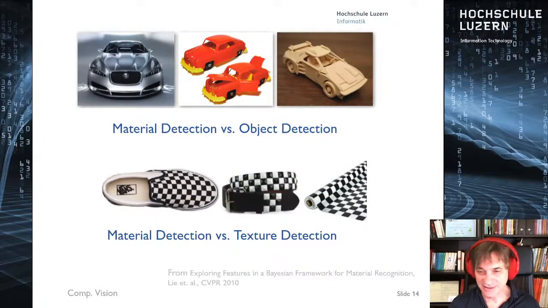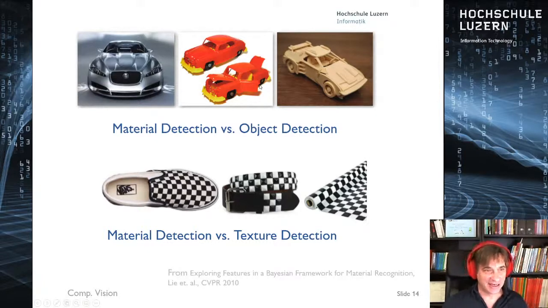So as you can see, sometimes in these semantic segmentation approaches, we have to look at things a little bit differently than we would in object detection. For example, you see here we have 3 different types of cars.